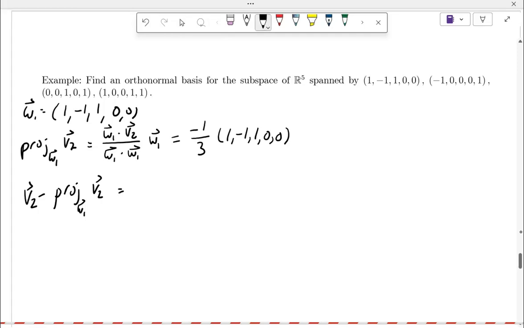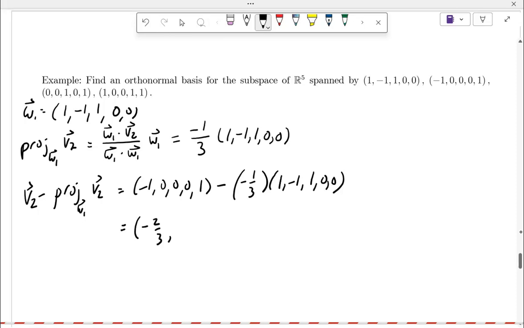Now we'll do the subtraction. You'll do negative 1, 0, 0, 0, 1, and then minus negative 1/3 times 1, negative 1, 1, 0, 0. What do you get?